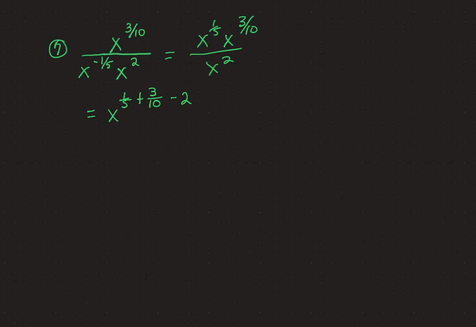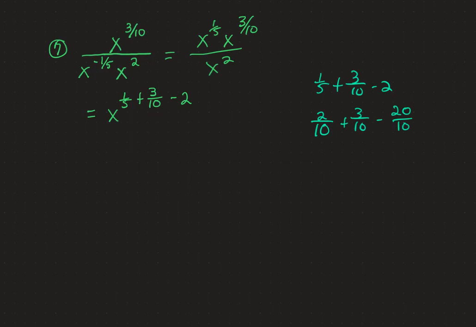So now I have some arithmetic to do. I'm going to take all of those exponents, 1/5 plus 3/10 minus 2, and I'm going to combine them. I have to find a common denominator. That will be 10. So 2/10 plus 3/10 minus 20/10.